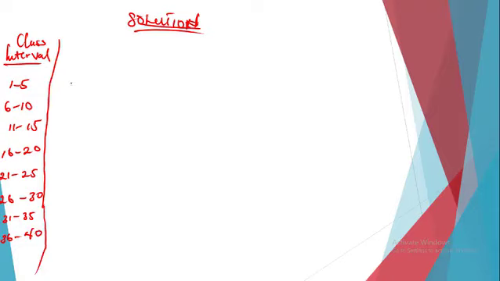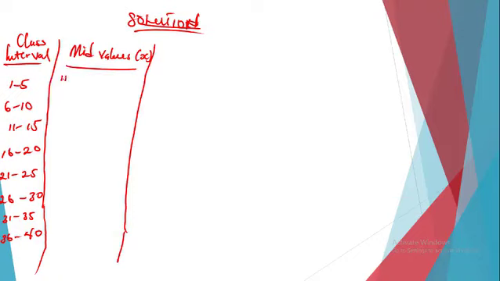Okay, then after that we'll find what we'll call the mid value, and we'll call that our x. I taught us how to do that. I told us that how we'll find the mid values is by adding the two intervals and then dividing by 2. So that will give us 1 plus 5 all over 2, and that is 6 divided by 2, which gives us 3.